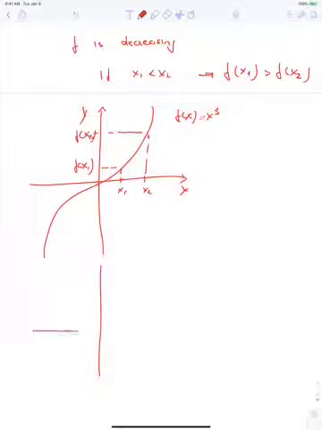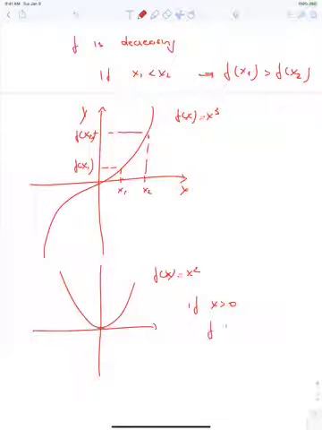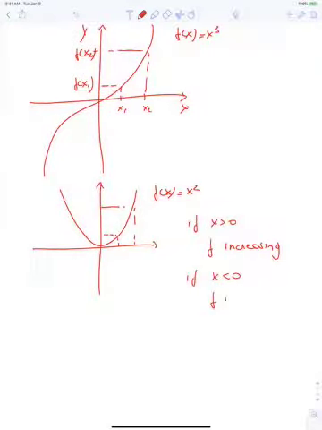Well, if we take a parabola, so f of x equal x squared, if x is greater than 0, f is increasing, because I take x1 here, x2 here, and then their image increases as well. Instead, if x is less than 0, f is decreasing.